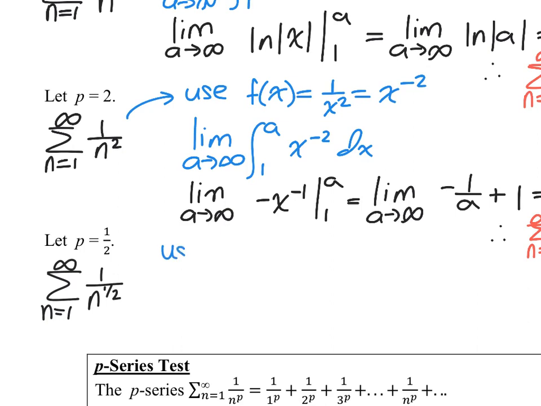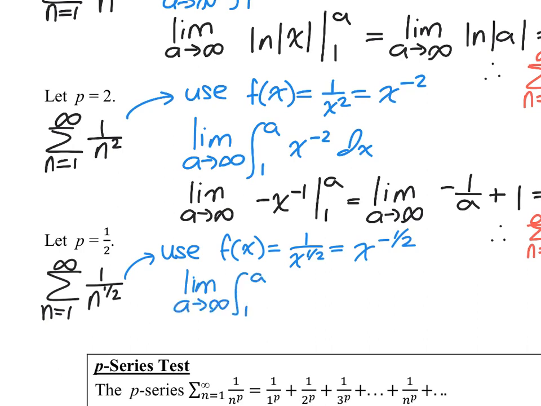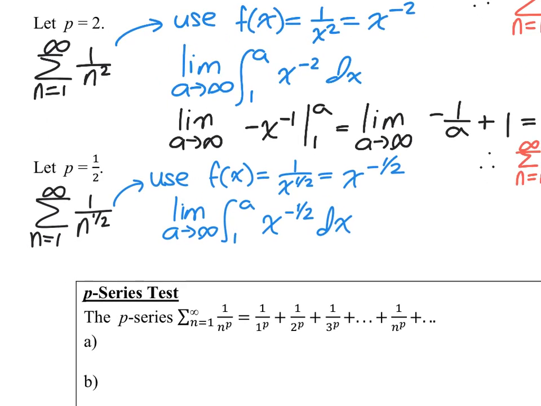So we're going to use f of x is equal to 1 over x to the 1/2, which would be the same as x to the negative 1/2. So the corresponding limit as a approaches infinity, going from 1 to a of this: increase the exponent by 1, divide by the new exponent. So dividing by 1/2 is the same as multiplying by 2.